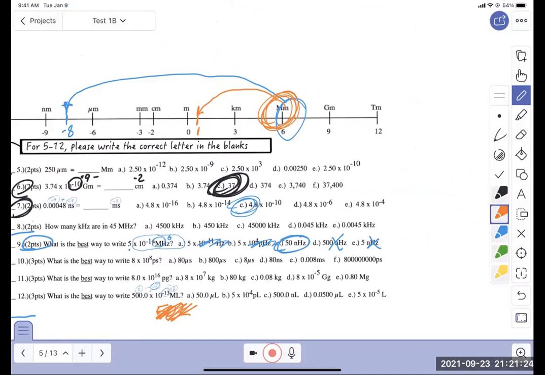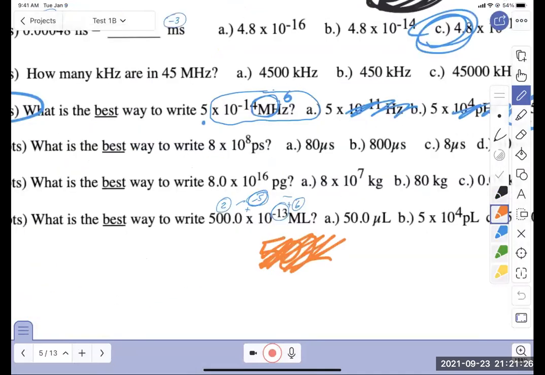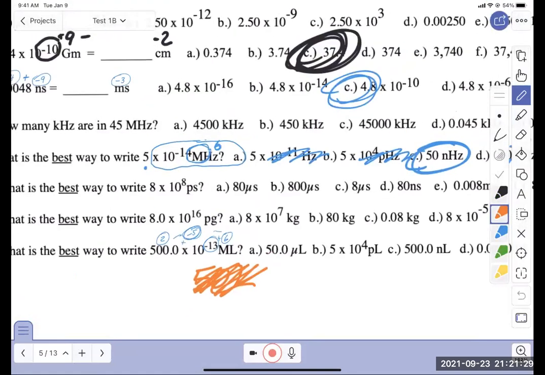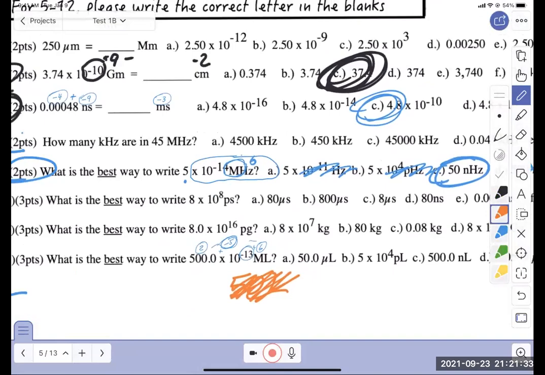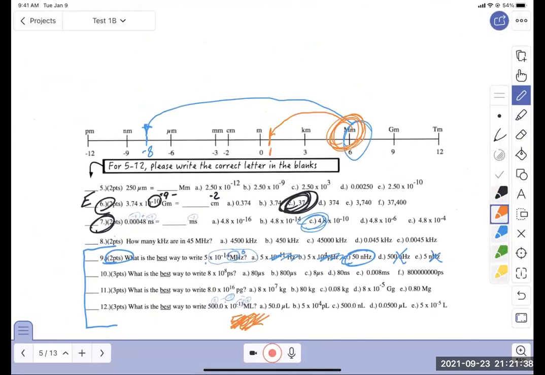So that's like saying, oh, -13th, but I'm at mega. Oh, -5. Okay, so I was at -5. It's like saying 0.00005 megaliters. Okay. That is like saying 50 liters.